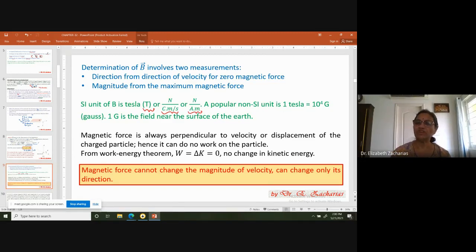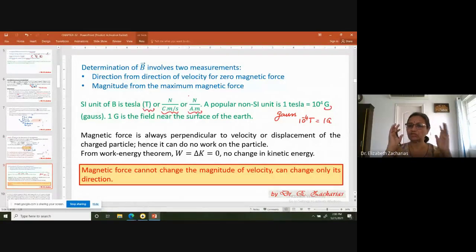But very often, you must have heard of a unit called Gauss. What is Gauss? Gauss is a much smaller unit when compared to a Tesla. 10 to the power of minus 4 Tesla is 1 Gauss. A Tesla is something that you create inside a lab using an electromagnet.